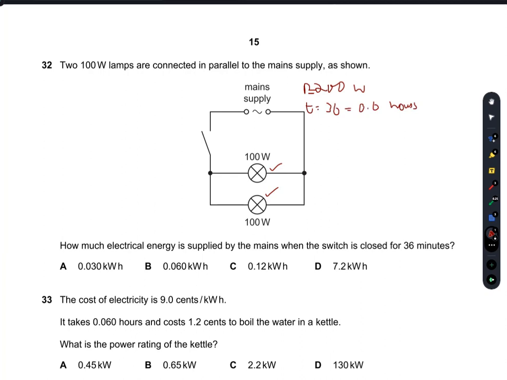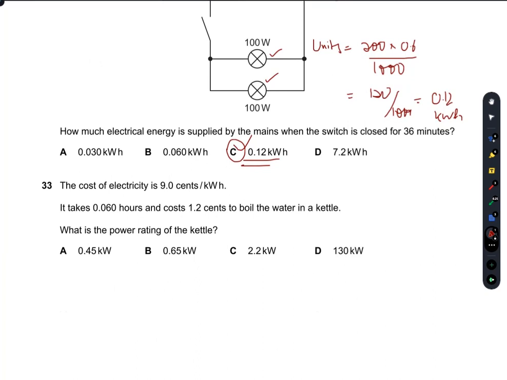I will only have to find the number of units consumed, which is electrical energy in kilowatt hours. So I will simply multiply 200 with the time of use in hours, which is 0.6, and then divide it by 1000. So 120 over 1000, that is 0.12 kilowatt hours. So C is the right answer.